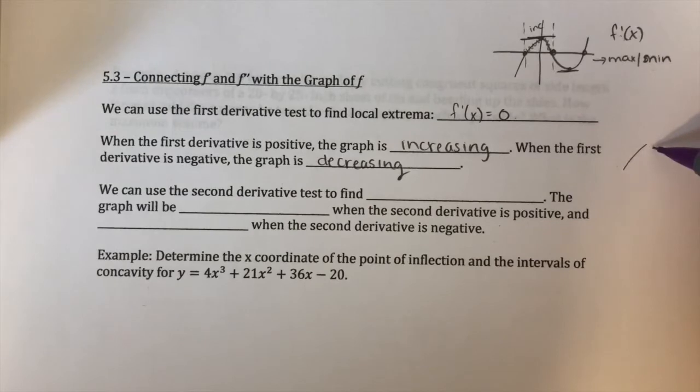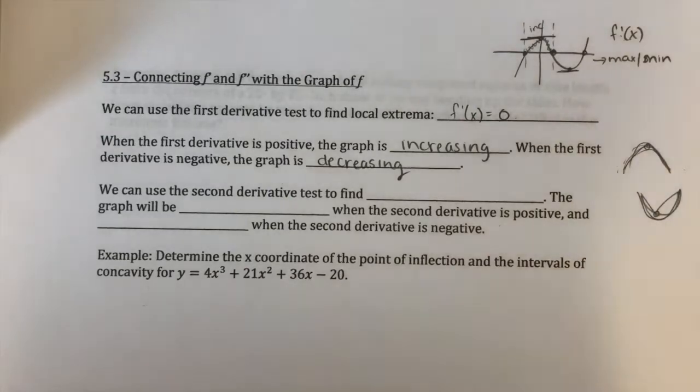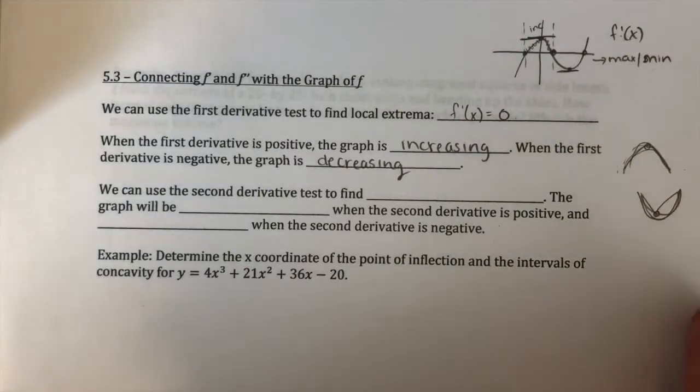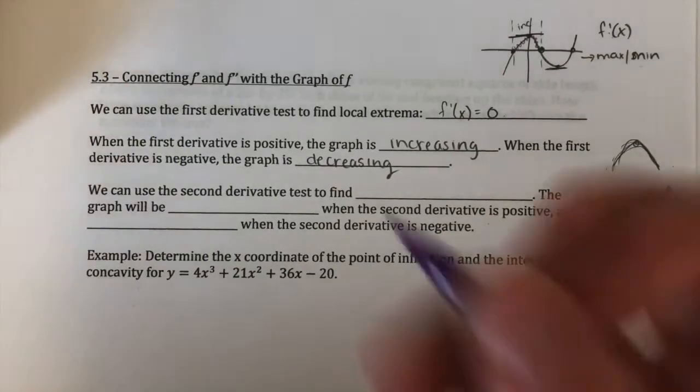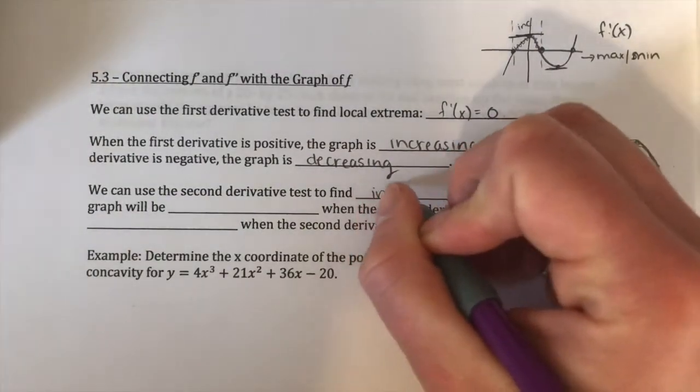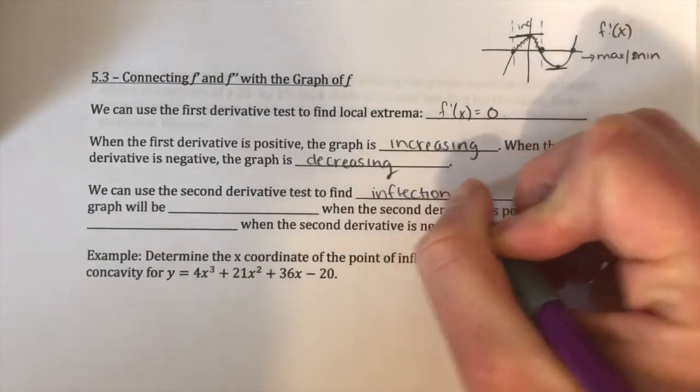If it goes from increasing to decreasing, we know it's a max. If it goes from decreasing to increasing, we know it's a min. Okay, and obviously that would look more like something that is differentiable, but hopefully you get the point. We can use a second derivative test to find the inflection points.